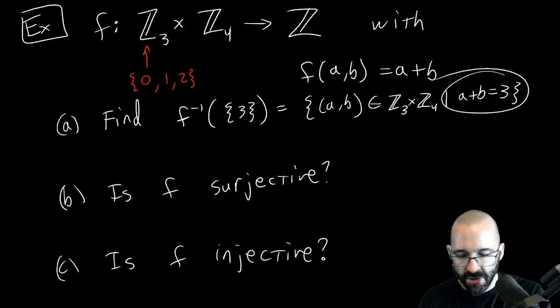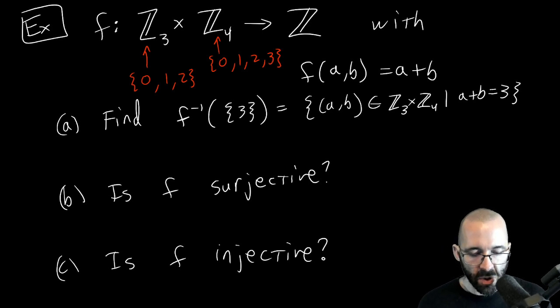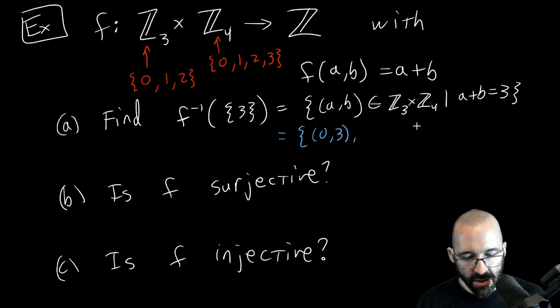So let's just look. And again, it might also help if you write down what Z4 is as well. You can always take as many steps as you need to make things make a little bit more sense. So 0 could go with 3. That adds to 3. 0 doesn't add to anything else. 1 could go with 2.